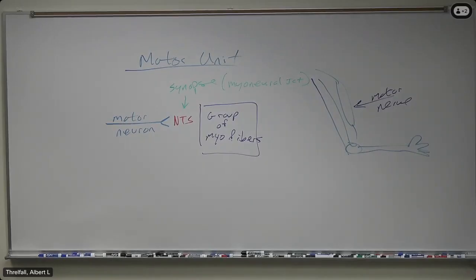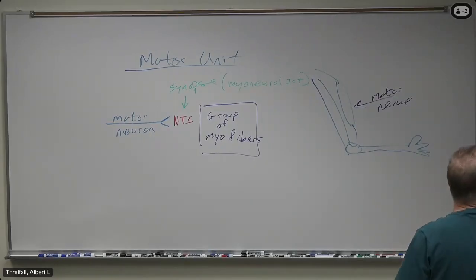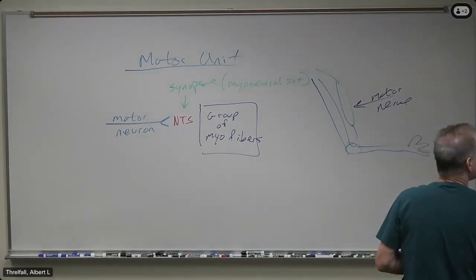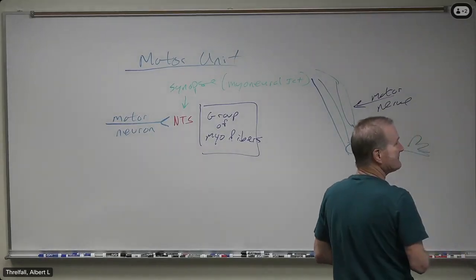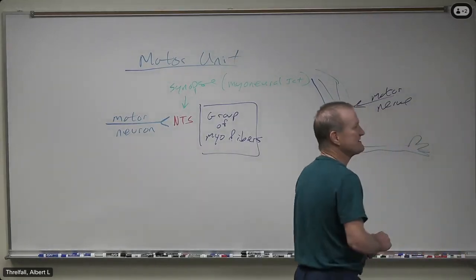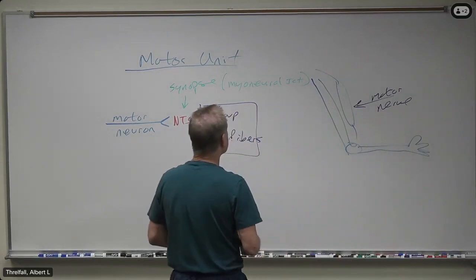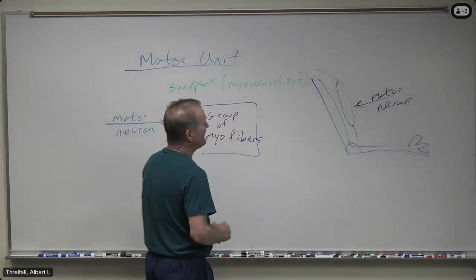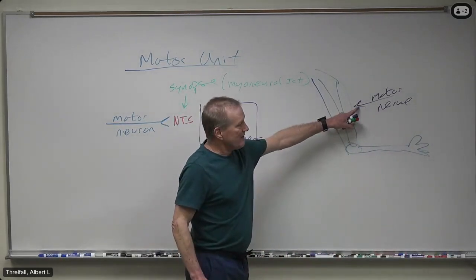So we're sitting here at rest. The heads have an ADP and a phosphate attached from previously split ATP. We get the action potential in the motor neuron.